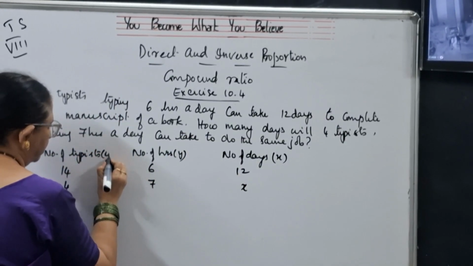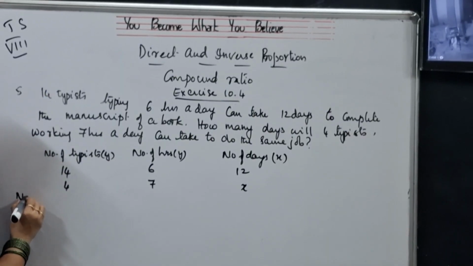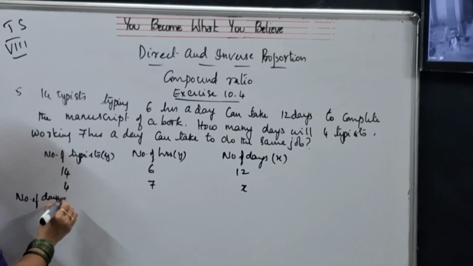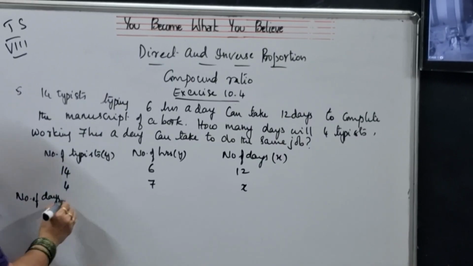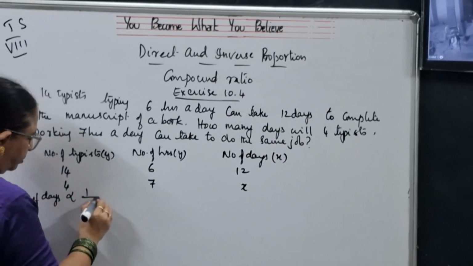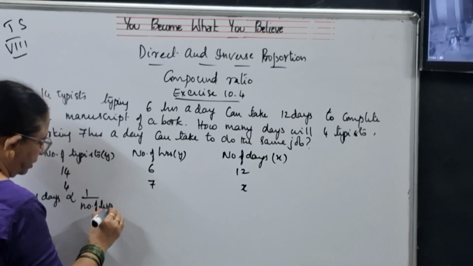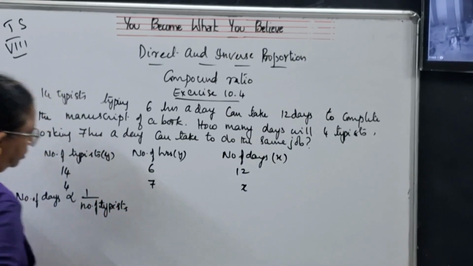So here number of days and number of typists are inversely proportional. Why? If typists increases, number of days will be decreased.